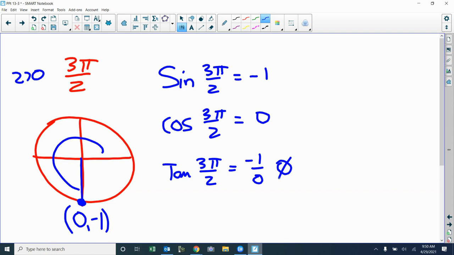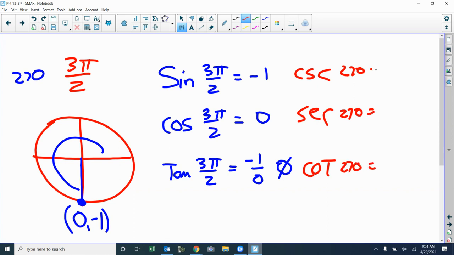Sine, cosine, tangent, cosecant, secant, and cotangent of 270. All right, so that'd be 1 over -1, which would be still -1, right?